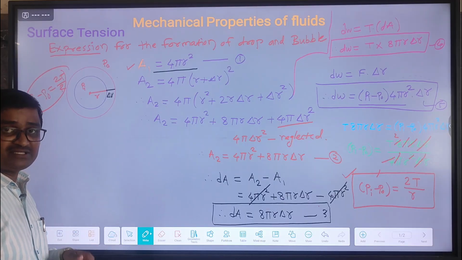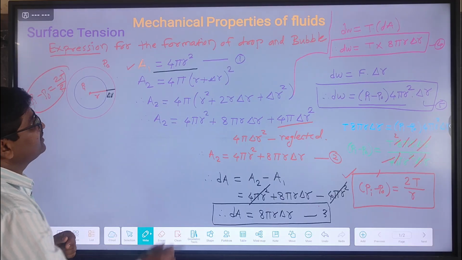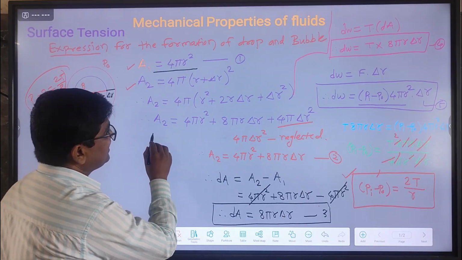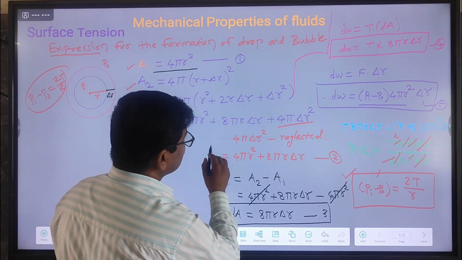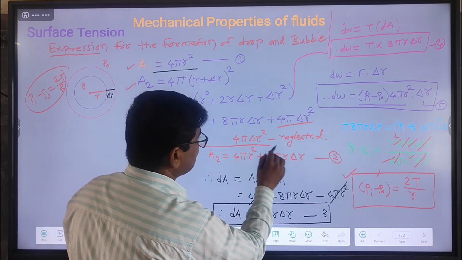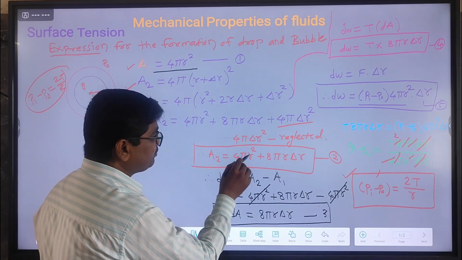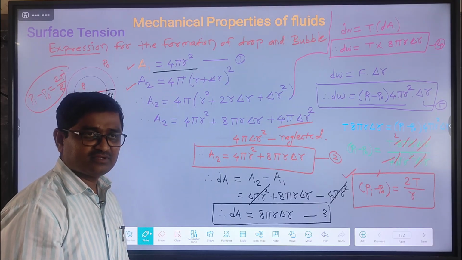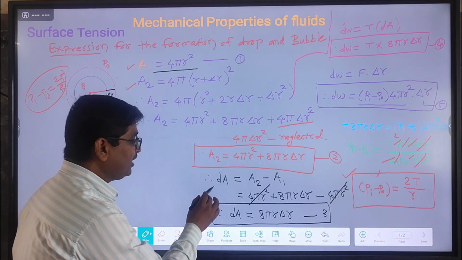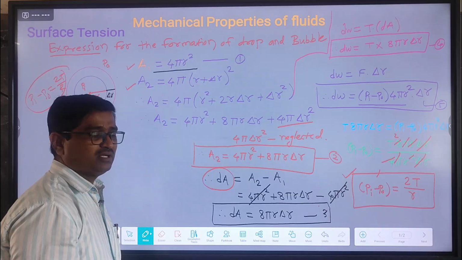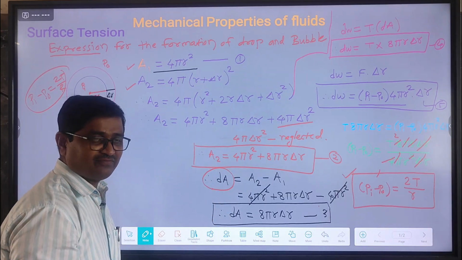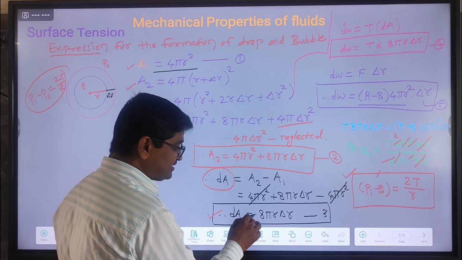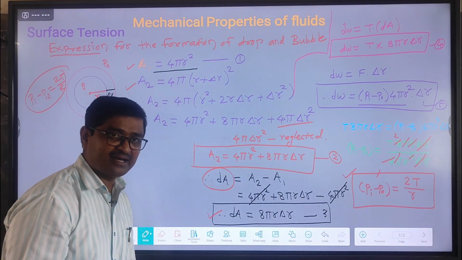That is the excess pressure. Now the final surface area A2 is equal to 4 pi r square plus 8 pi r into delta r. The change in area dA is equal to A2 minus A1, final area minus initial area, so we get dA equal to 8 pi r into delta r.